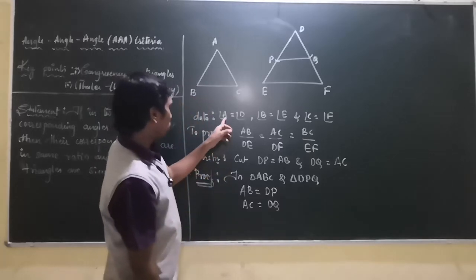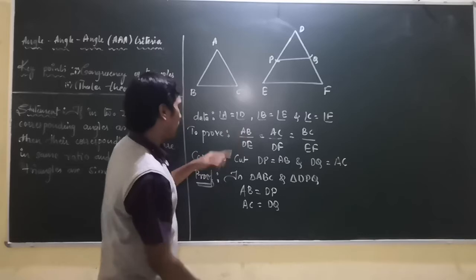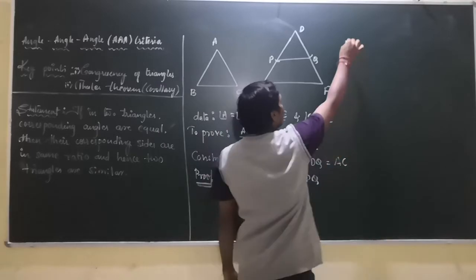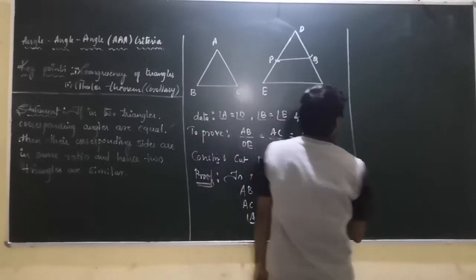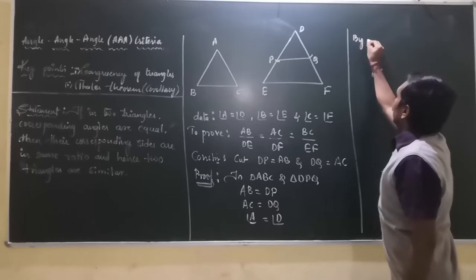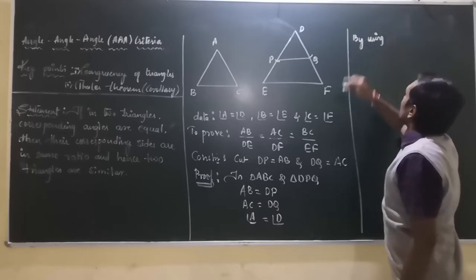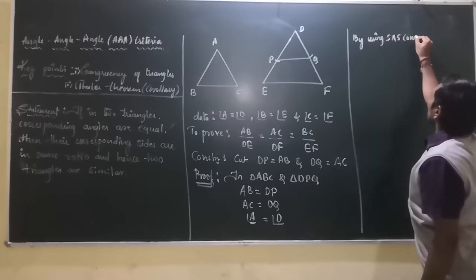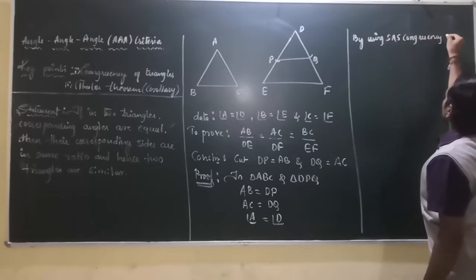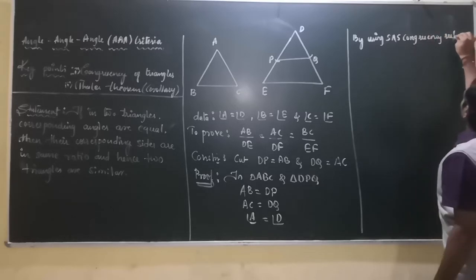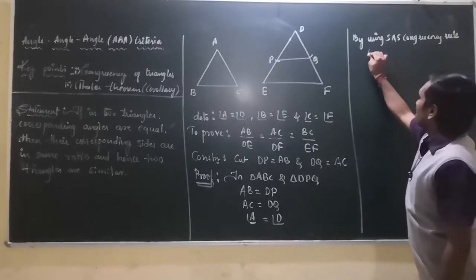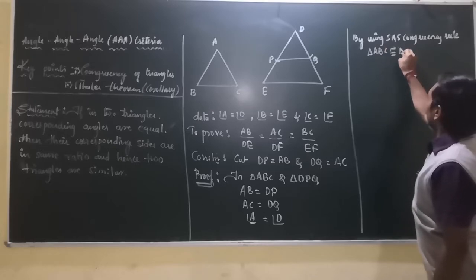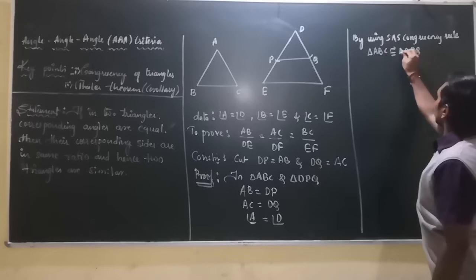And from the data, we know that angle A is equal to angle D. Therefore, by the SAS congruency rule, I can write triangle ABC is congruent to triangle DPQ.